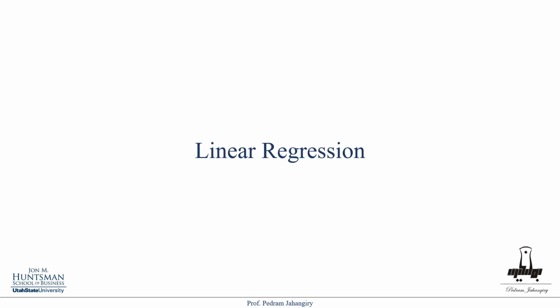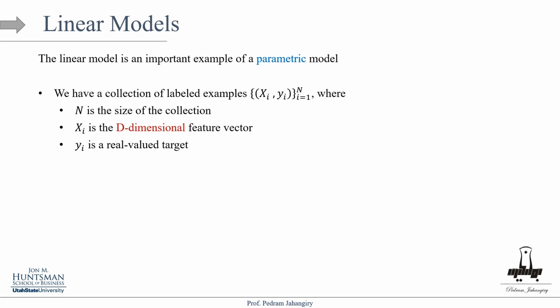Part 1, linear regression. Okay, so what are linear models? The linear model is an important example of a parametric model. If you remember from our previous parts, we talked about parametric versus non-parametric.